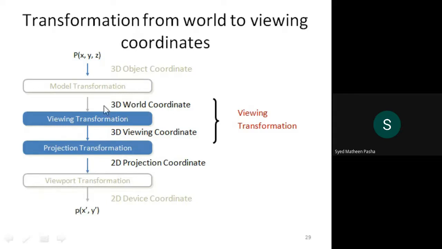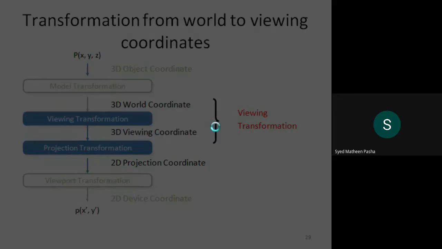These are the two basic important topics you need to remember with respect to transformation from world to viewing coordinates, where you'll get the desired output with respect to that particular projection, which I can represent in the form of the viewing transformation.